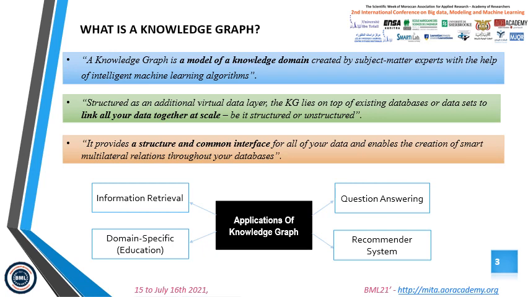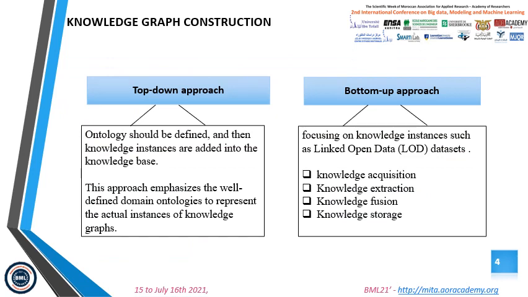A taxonomy of the application fields of knowledge graph is given here. For example, question answering services, recommender systems, information retrieval, and domain specification, for example, education. The creation of a knowledge graph uses a variety of data sources such as small and large databases, text, documents, and web pages. The methodology of creating a knowledge graph consists of two main approaches.